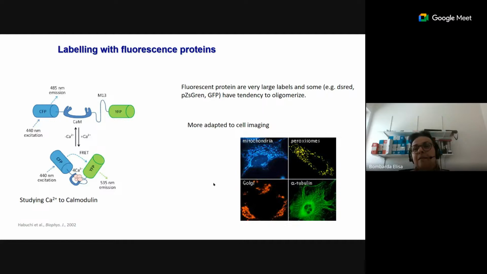So I can understand some skepticism about this method, which works and gives good results, but maybe it's just for detecting the presence of calcium, more than for having really detailed mechanistic information about the calcium binding protein itself.